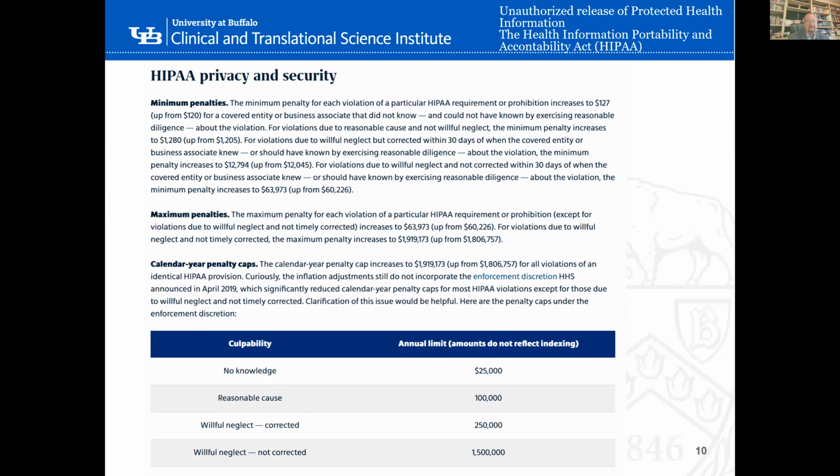HIPAA is a very important law that you need to understand. It's the Health Information Portability and Accountability Act. It came out in 2009, and among other things, it stipulates the penalties for divulging sensitive health information.